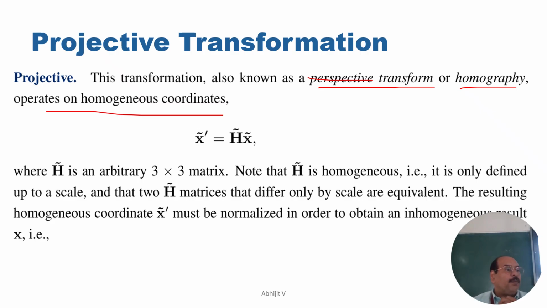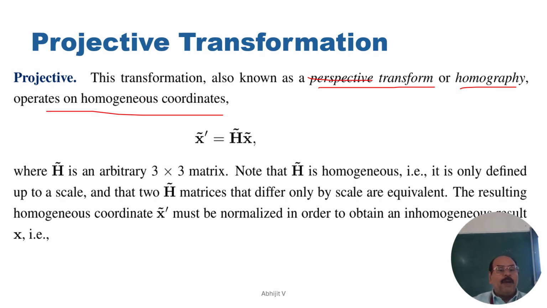So it is very easy for you to remember: homogeneous coordinates stand for H. In the first table which I showed you, wherein you have all the transformations and the related matrices, in that you have the orientation and what is being preserved.